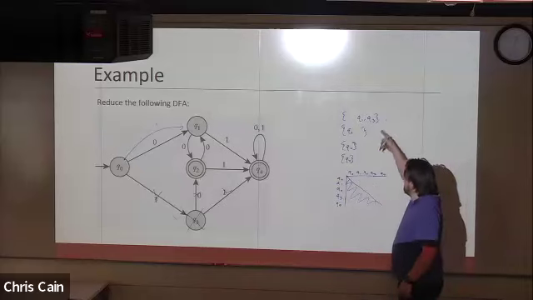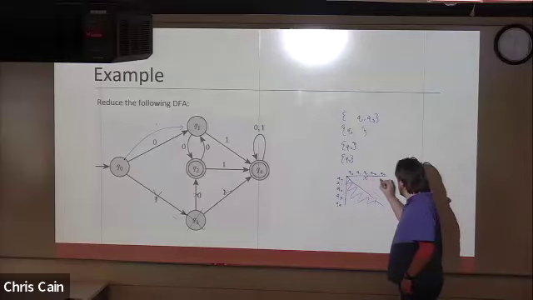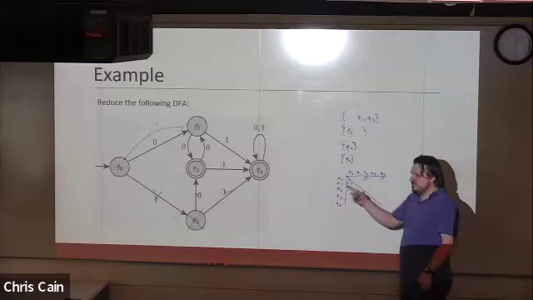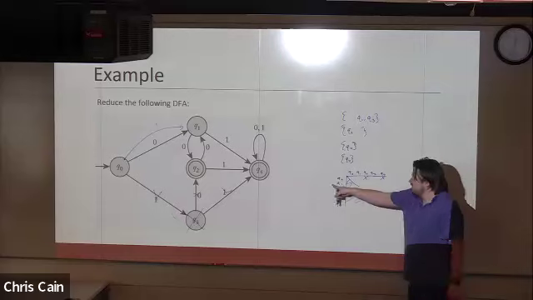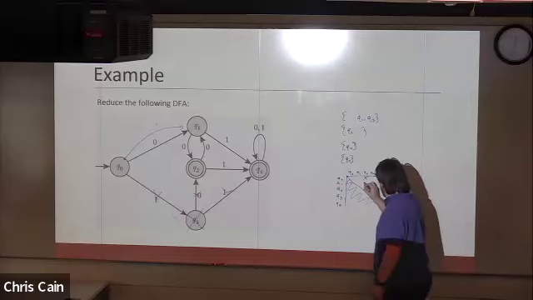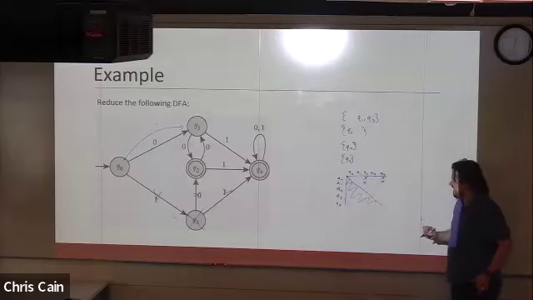So we will start with just the equivalence classes. We knew that Q0 was distinguishable from Q2 and Q4 because Q0 is non-final and Q2 and Q4 are final. For Q1, we said that it's distinguishable from Q2 and Q4 because of the difference in finality.